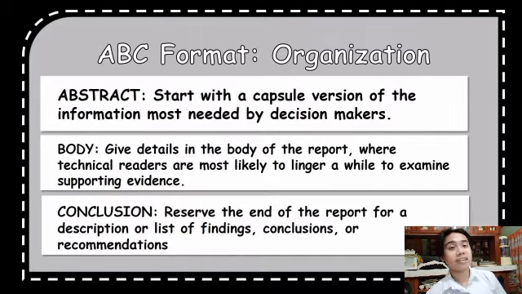This is like the main or summarized version of your report. At the end, you will see the list of findings, the list of conclusions, and the recommendations of your report. So this is the ABC format for organization.